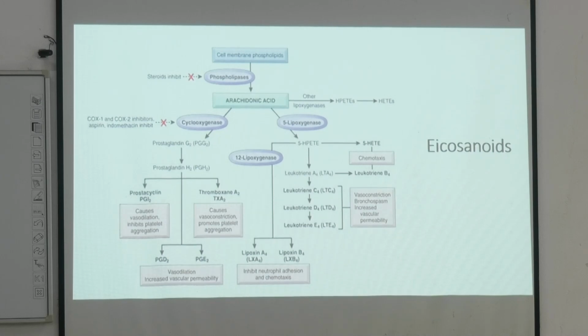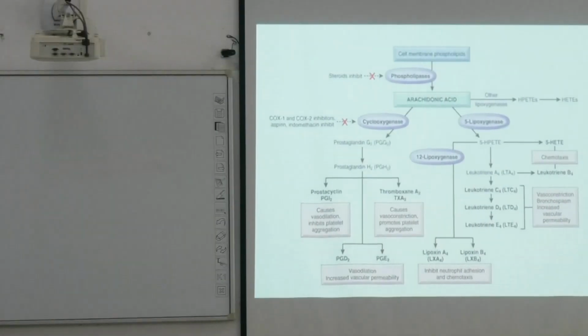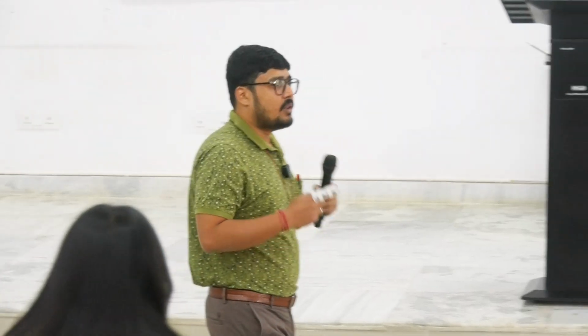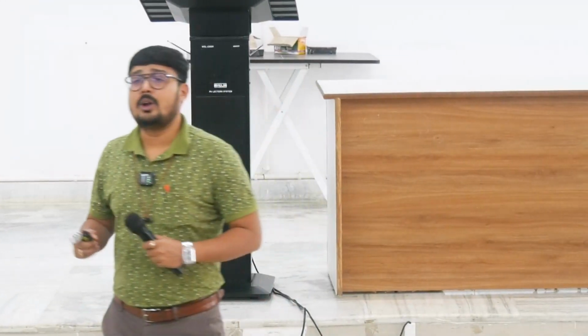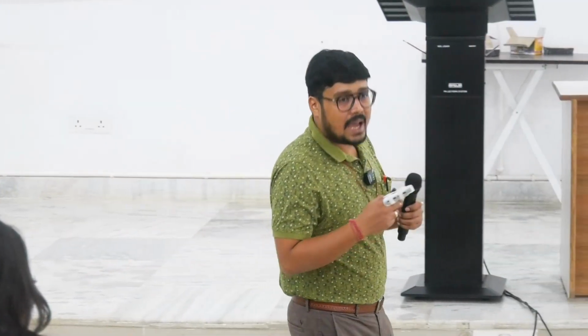Thromboxane A2 and prostacyclin have contradictory, opposite functions. Thromboxane A2 is a potent vasoconstrictor and a very important procoagulant, but prostacyclin, or PGI2, is a potent vasodilator and a potent anticoagulant.